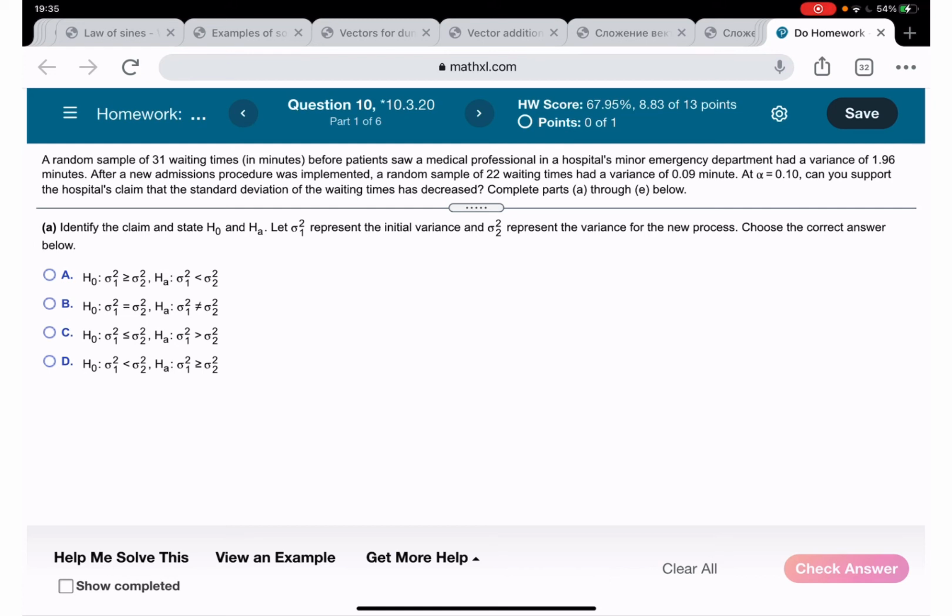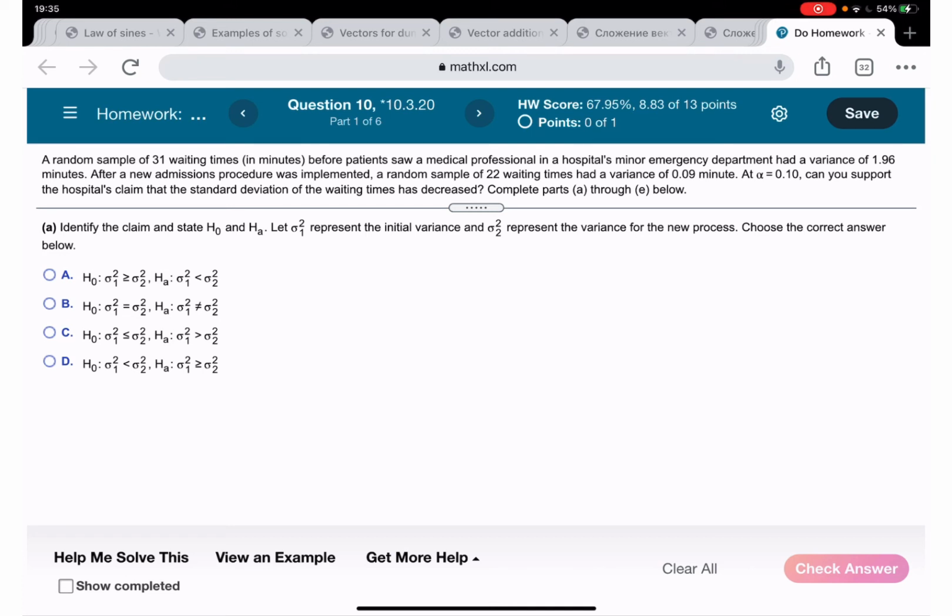That's pretty good waiting time. After a new admission procedure was implemented, a random sample of 22 waiting times had a variance of 0.09 minutes. At alpha equals 0.1, can you support the hospital's claim that the standard deviation of the waiting times has decreased?